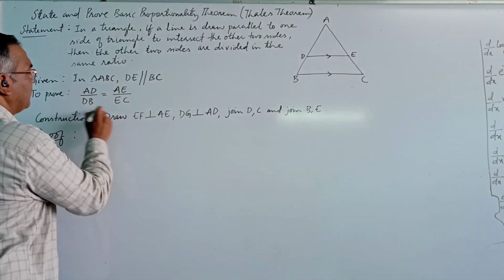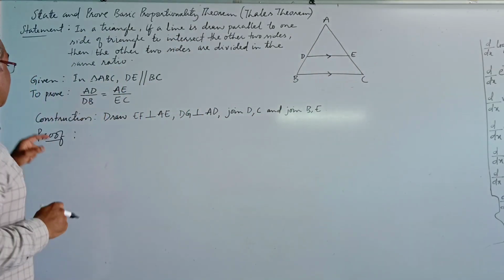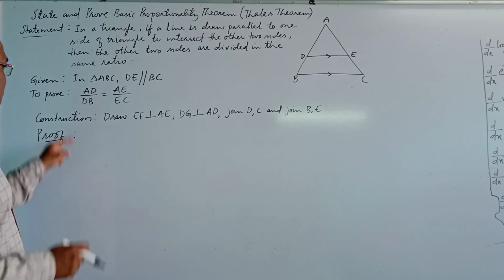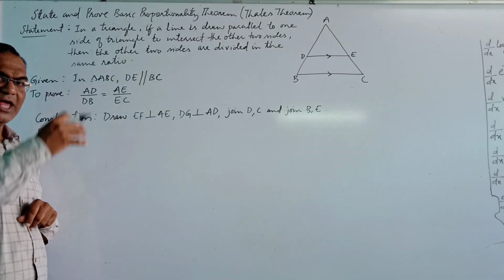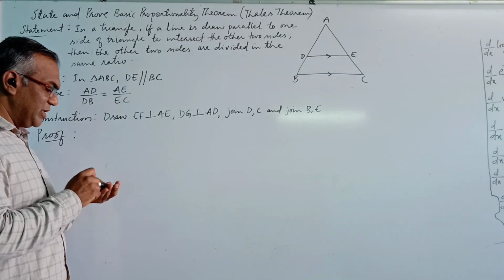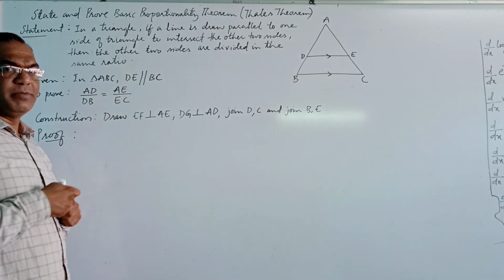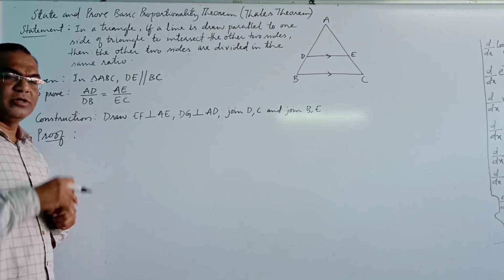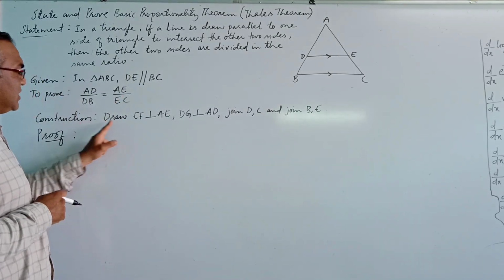This we have to prove. And for that, we have to do some construction. That means we can draw some perpendicular lines or join points. So what is that construction?